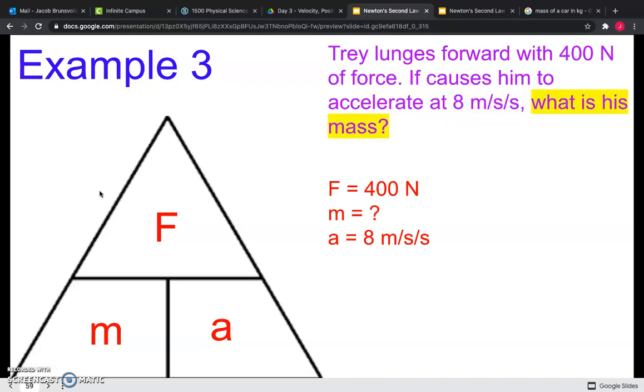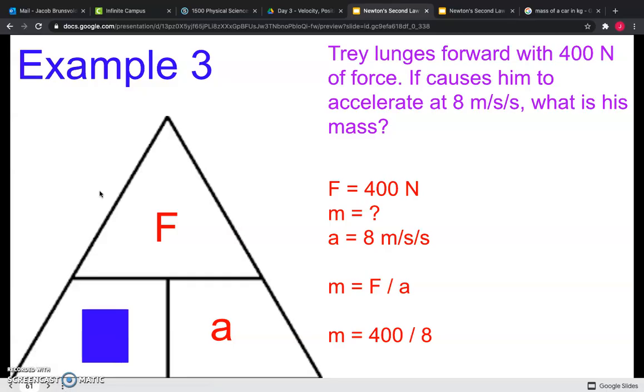We're looking for his mass. If we cover up mass in our triangle, we get M equals F divided by A. Our force is 400, our acceleration is 8, so M equals 400 divided by 8. M equals 50 kilograms.